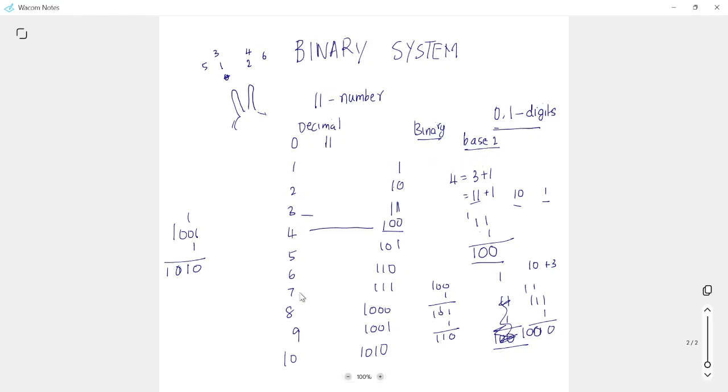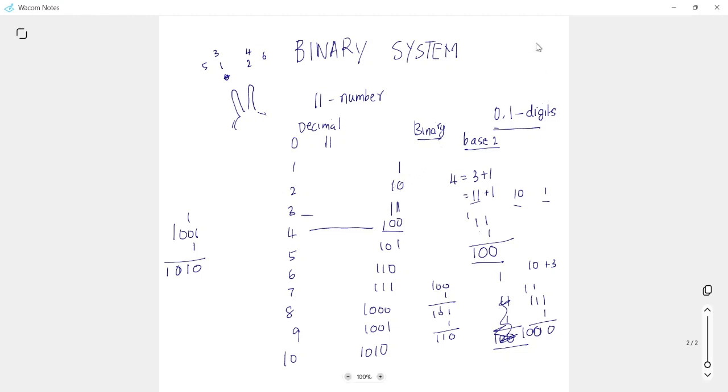So let us try to write the numbers 1 to 10 in the binary system. You start with 1, 1 is the same. You go to 2, there is no number 2. And so we write 2 in the same way, right? We write 10. So you have 1, 0 as 2.